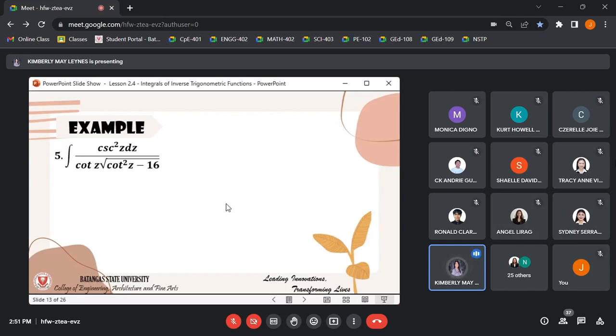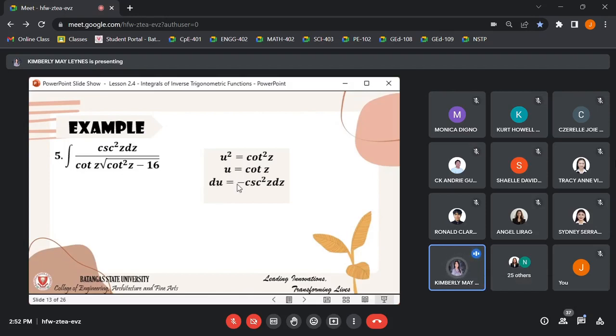It will be cotangent squared z. Since dito makikita natin siya yung ating, that is correct. So, cotangent squared z, yung atin pong u squared, square root ng both sides, u is equal to cotangent z. And then, kunin ang derivative ng cotangent z, that will be negative cosecant squared z dz.